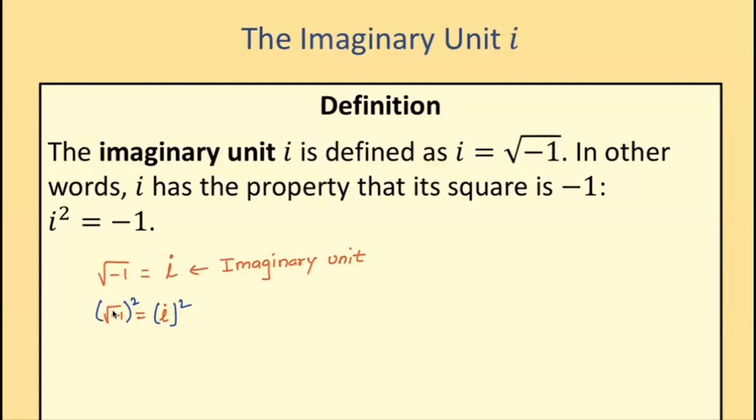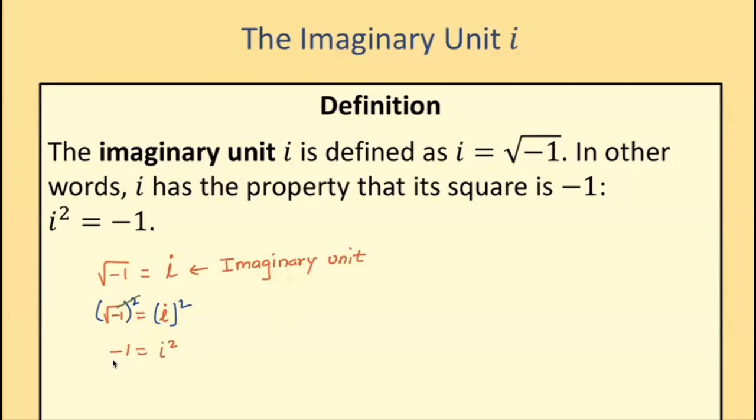They undo each other. They cancel each other. And once they cancel, what we get is -1 equal to I squared. So I squared is -1. That means if you square the imaginary unit, it's going to be -1.